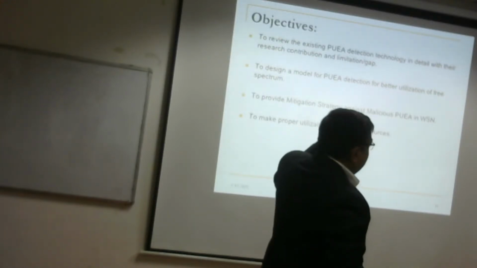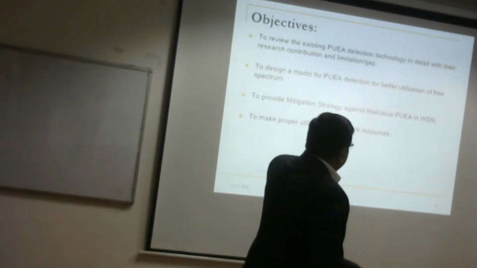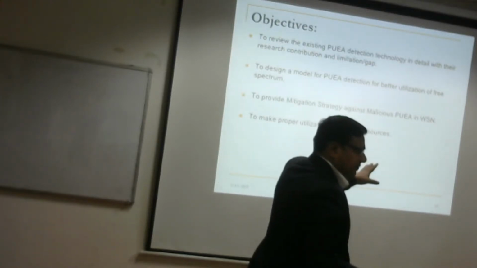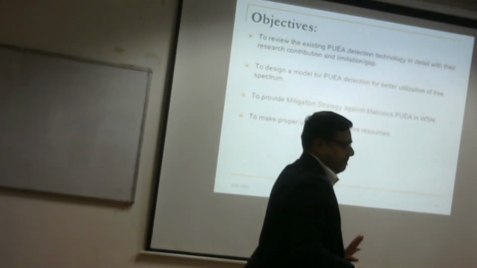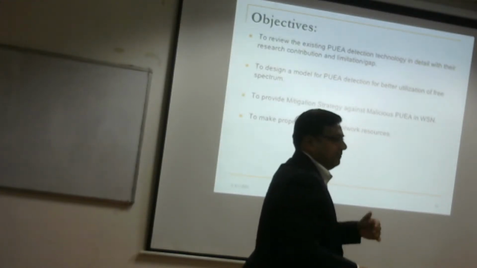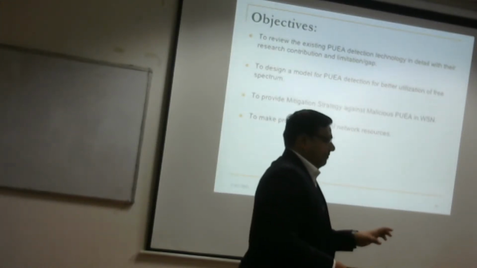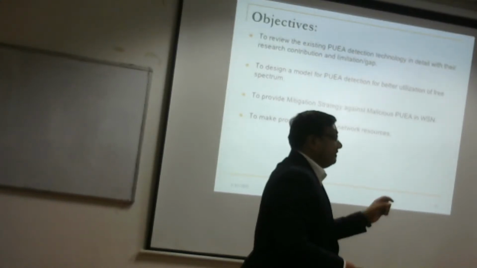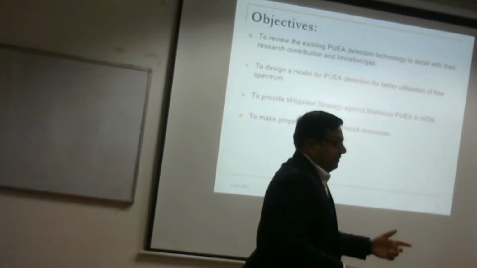So the objective in my study is how to secure our spectrum, better utilization of spectrum, and that there is no malicious user in the spectrum. This is the main core. We have some papers on that, work on trust nodes. How to trust the node, what are the different packets they are transferring, we can trust on that.